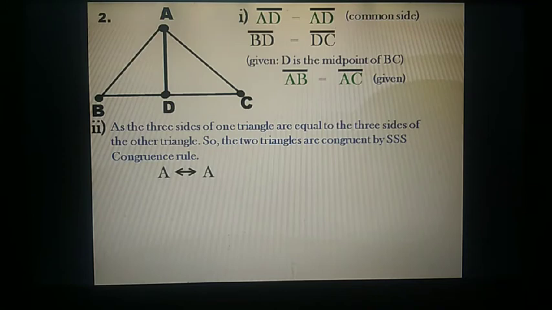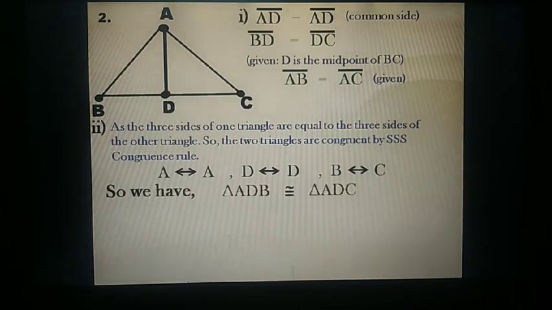Next, checking for D, again D. Next, checking for B, and it is related to C. Writing the answer in symbolic form, we will have the answer as triangle ADB congruent to triangle ADC. First set, first letter, second set, second letter, and third set, third letter.